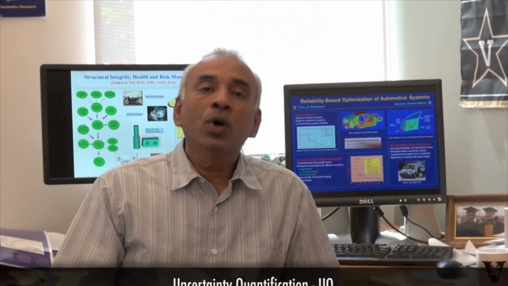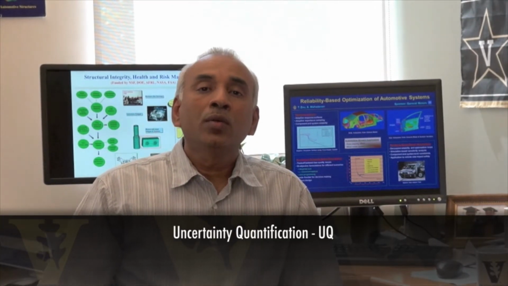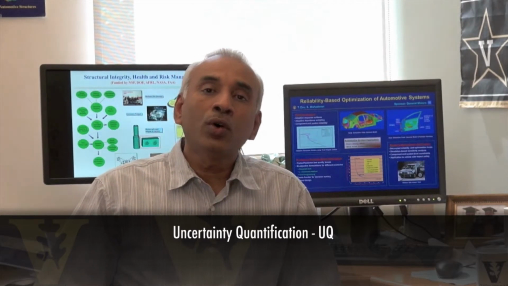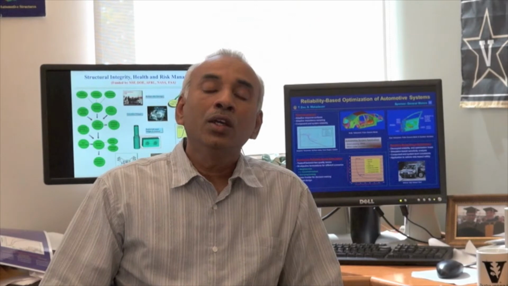So uncertainty quantification is something that is very important for complex systems design, operation, maintenance, and risk management. And so the risk does not come only from just natural variability, but it also comes from data uncertainty and model uncertainty.